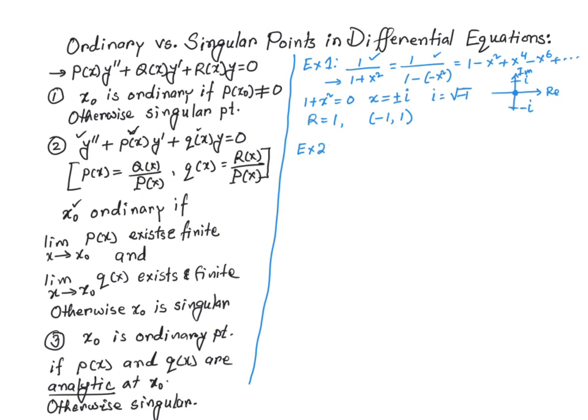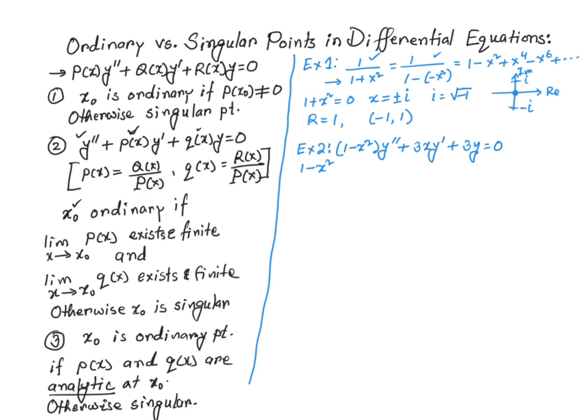Let's call it example 2. In this example, I will actually introduce a second order homogeneous differential equation. So let's consider it to be (1 minus x squared) times y double prime plus 3x times y prime plus 3y is equal to 0. Now, if you look at this differential equation, you notice that the coefficient of y double prime is 1 minus x squared.